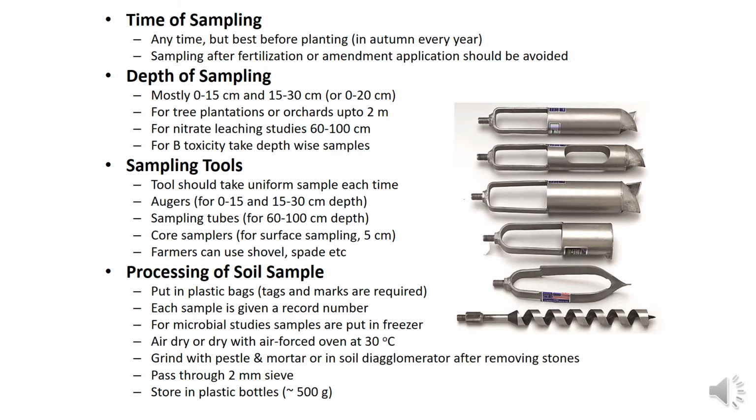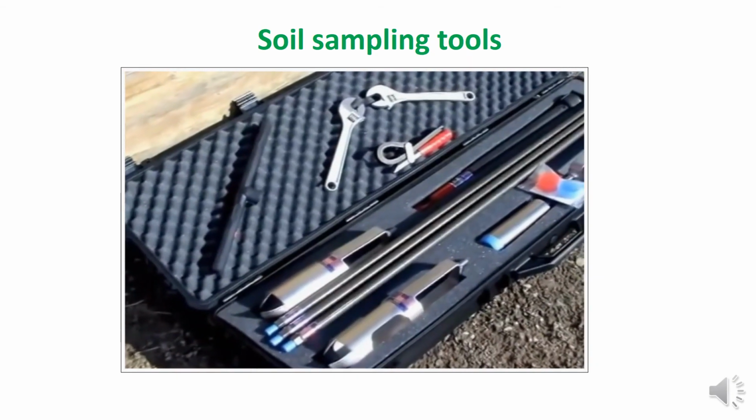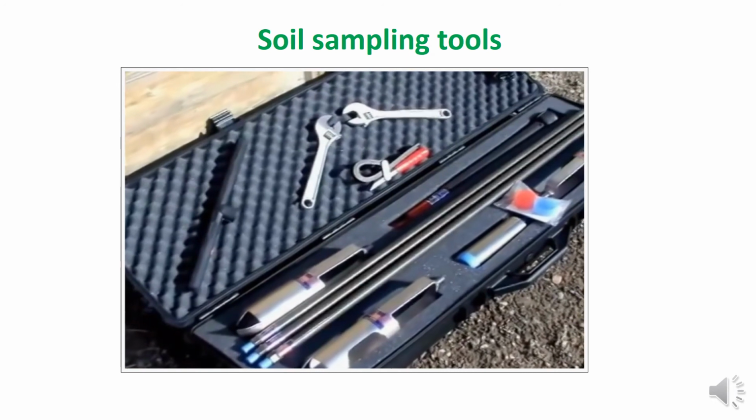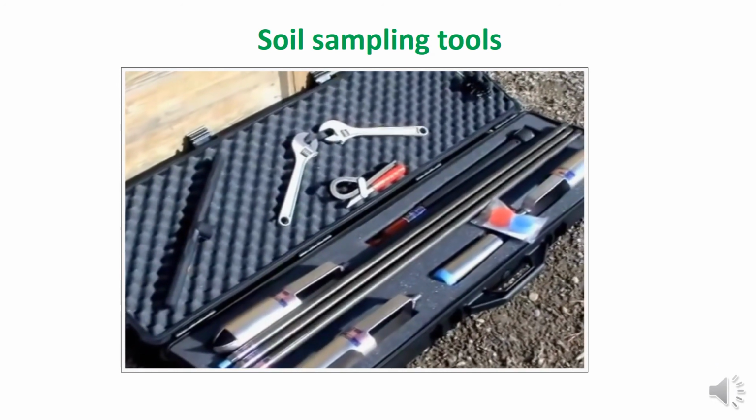The sample needs to be passed through a 2 mm sieve. The 2 mm sieve is very important. After sieving, we can store the soil in plastic bottles or plastic bags for further soil analysis.